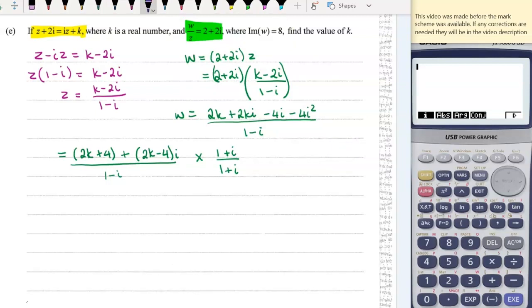So if we multiply through that denominator conjugate there, then what we will get is on the top we have 2k plus 4 times 1 plus i, 2k minus 4 times 1 plus i times i, all over 1 squared minus i squared.